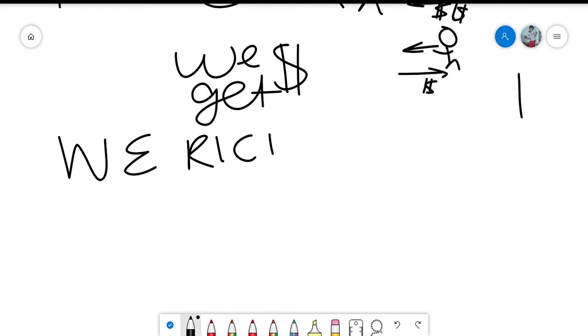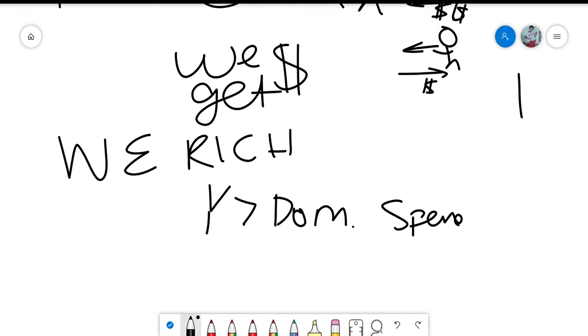So what do we do if we're rich? We know that income is greater than domestic spending, so our Y is greater than domestic spending, which is C plus I plus G. So if this is true, what do we do with the extra income?